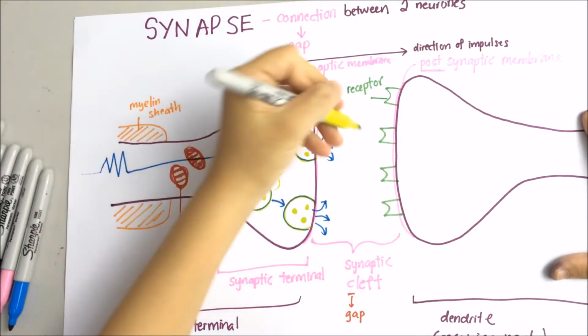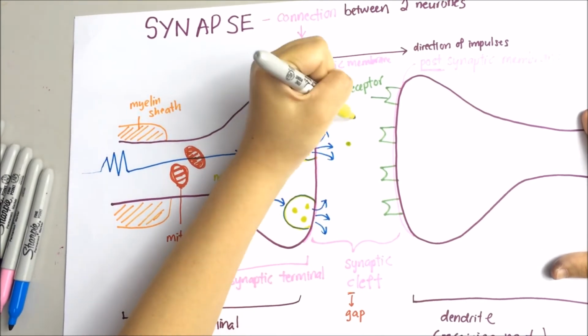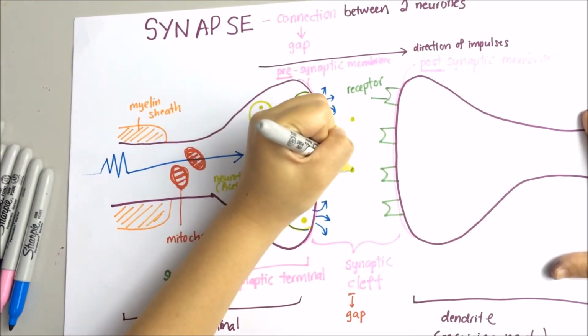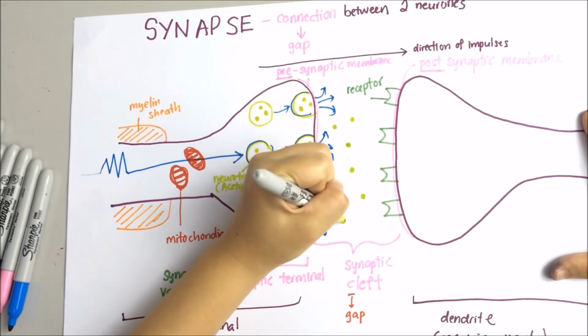Neurotransmitters will diffuse across the synaptic cleft and bind to specific proteins or receptors which are attached to the postsynaptic membrane.